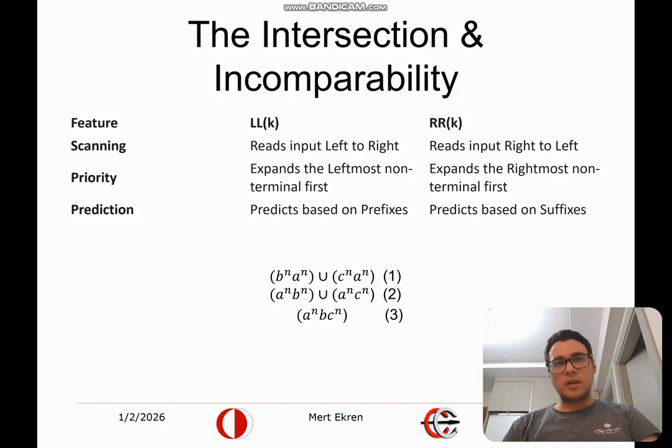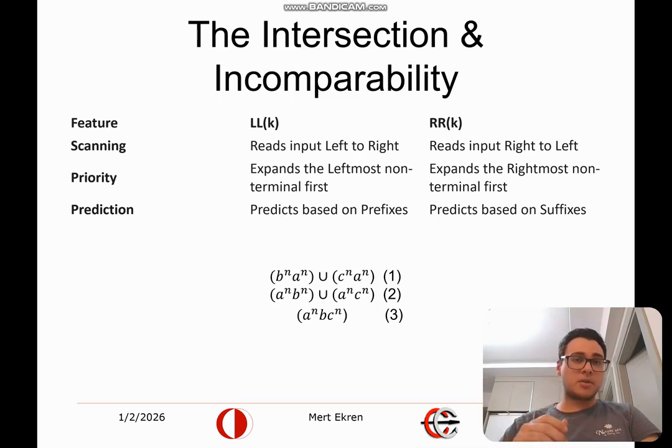To be an LL language, the language must be deterministic from the prefix, and to be RR, it must be deterministic from the suffix. For example, for the language described by the first equation, an LLK parser sees the first character to be B or C and knows exactly which path to take.